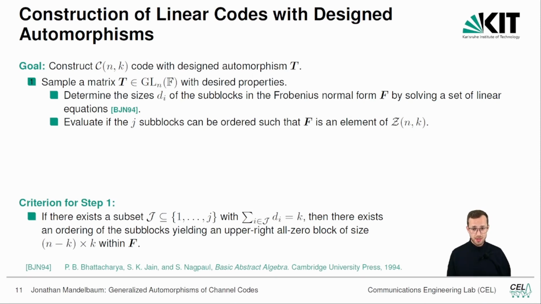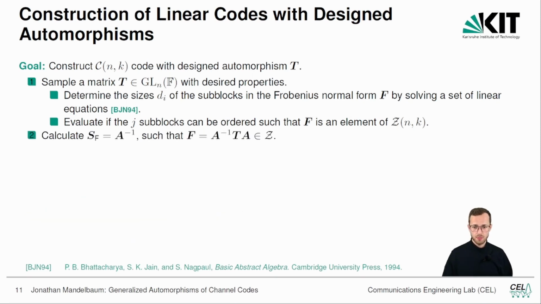So if we are able to do so, then we calculate the change of basis matrix to the Frobenius normal form, and also can calculate the Frobenius normal form. Then we can extract the parity check matrix, which we denote as HC for H constructed from the inverse code characterization matrix.